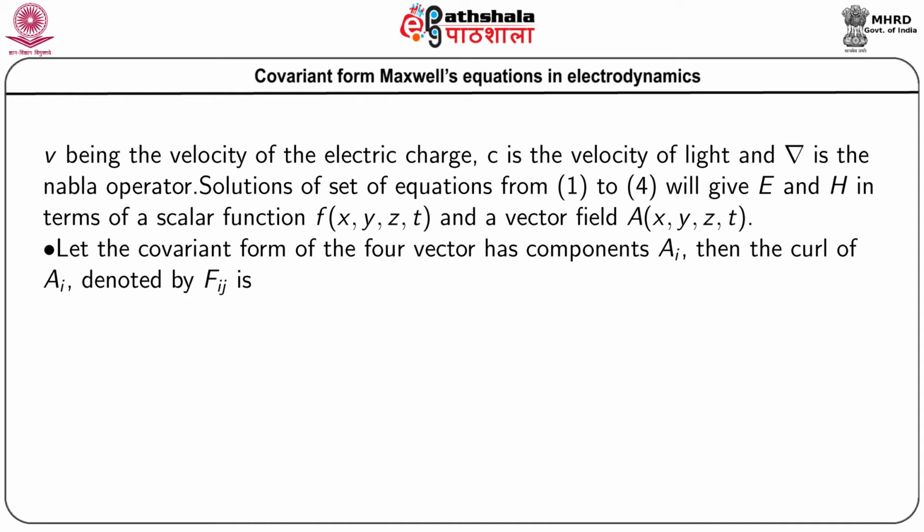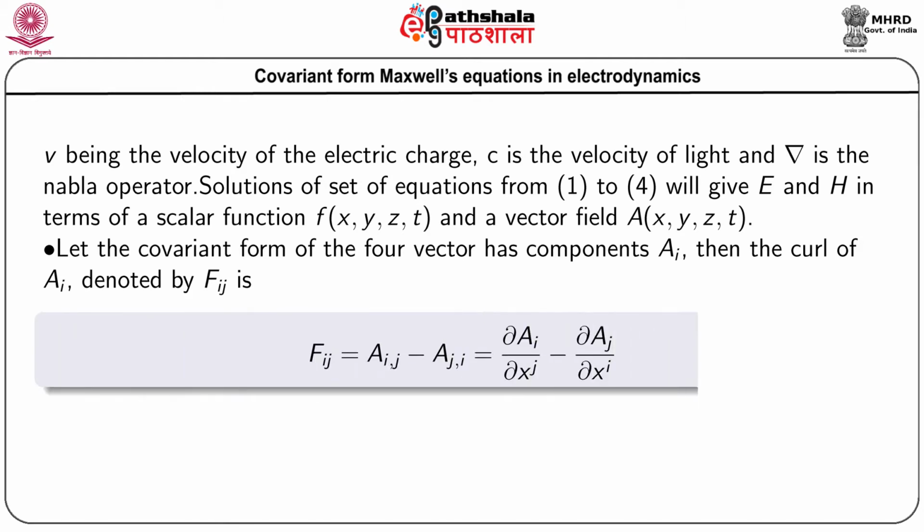Now, let the covariant form of the 4 vector has components A_i, and the curl of A_i is denoted by F_ij. So, we know from our tensor calculus that A_i,j minus A_j,i is the curl of A_i, and that is equal to F_ij.